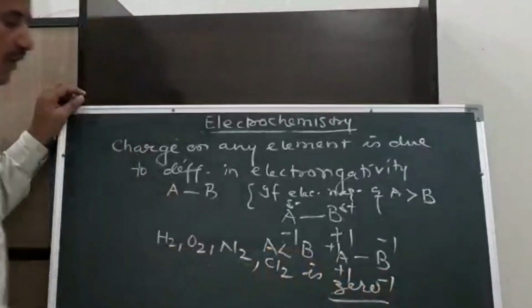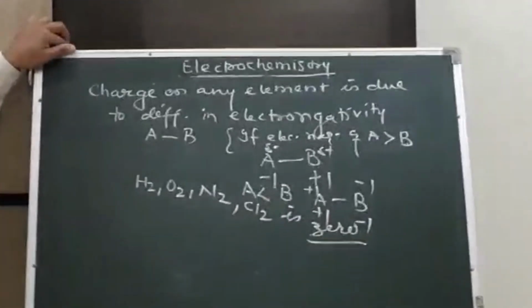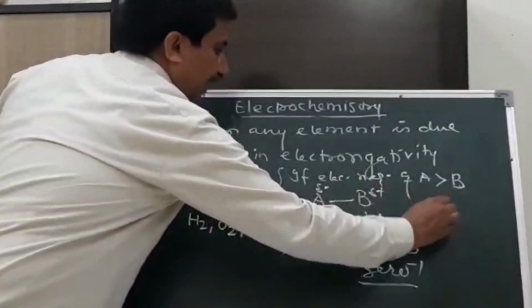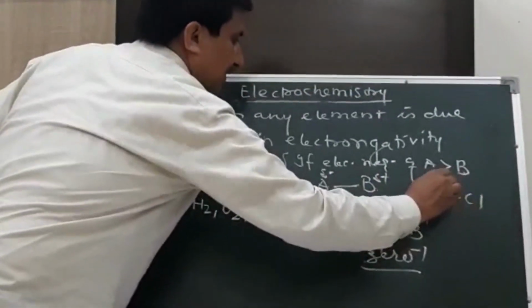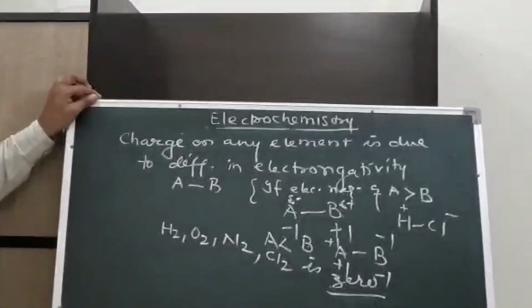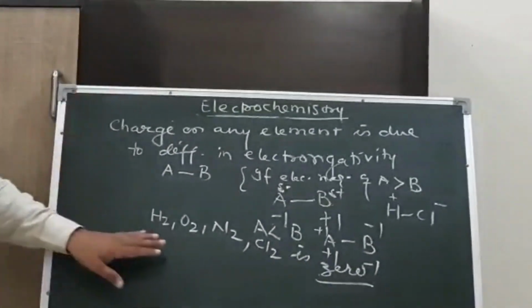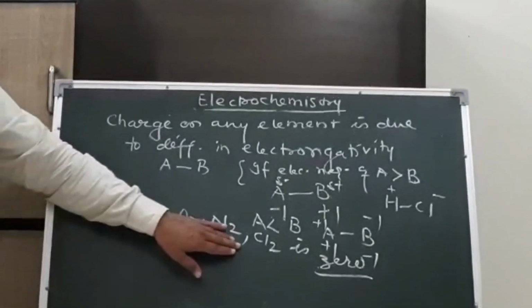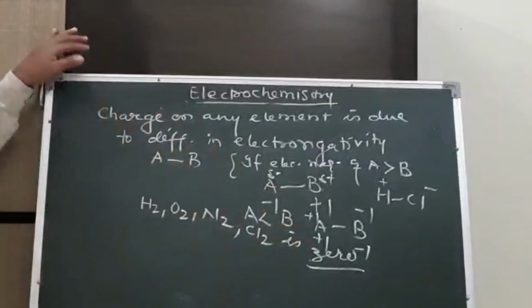It is taken as 0. Okay. So an example of this A may be HCl, H plus Cl minus. Another example for zero oxidation state is H2, O2, N2, Cl2 like this.